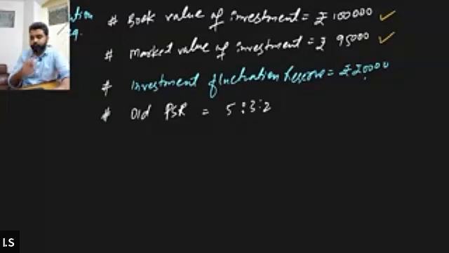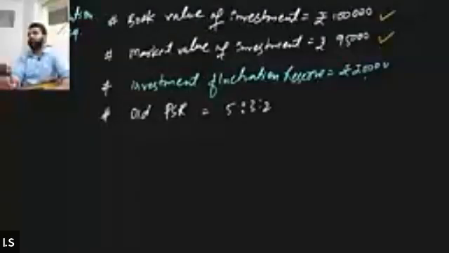Everyone else, is it clear to all of you? Yes or no? Why is nobody else responding? Khushi, Hiba, Mariam, Abin. Is it clear that if book value of investment is 1 lakh and the market value of the investment only remains 95,000, that means there is a decrease in the value of the investment by rupees 5,000. So there is a loss of 5,000, na?